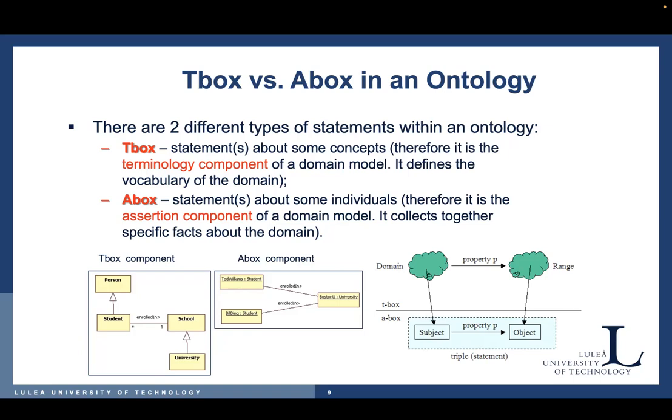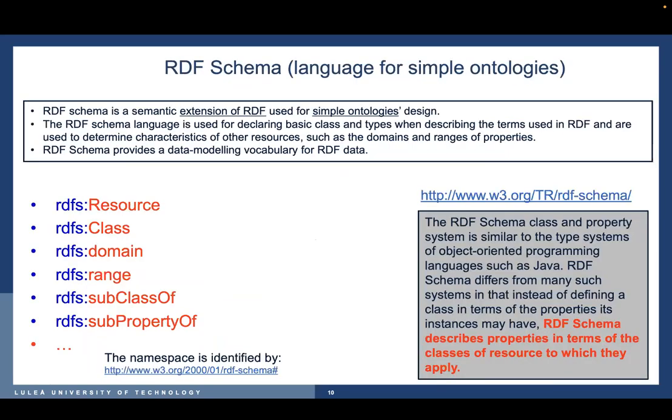An instance of certain terms, or a statement about instances of certain terms. So it's like different levels of abstraction, so to say. In the simplest way, we need some extra syntax to what we learned last time about RDF to describe this richer hierarchy.